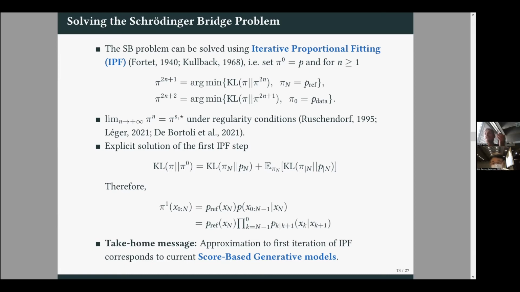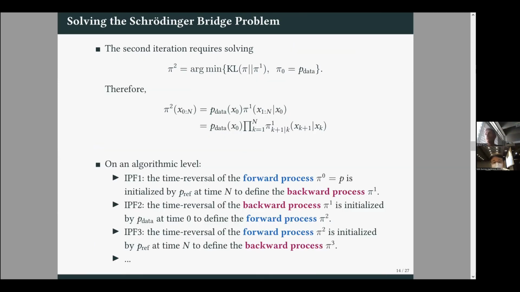But if you're in a scenario where P_n is quite significantly different from p_ref, as illustrated in my graph in 2 dimensions, well, what IPF tells you is, doesn't matter, you just need to iterate the process. So what you do now is the next iteration of IPF.